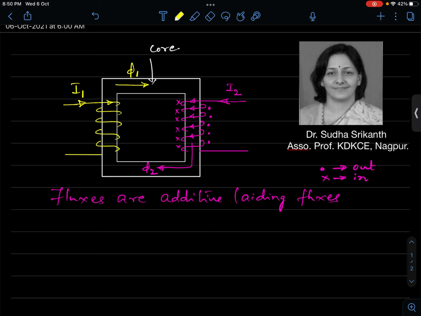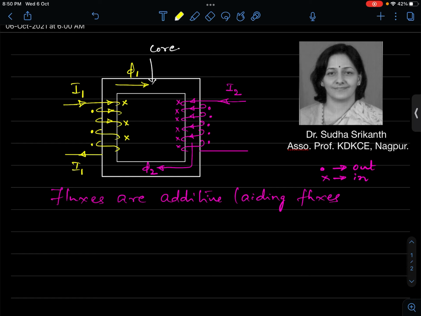So the current I1 here is flowing this way. That means it is getting in here, coming out here, getting in here, coming out here, getting in here, coming out here, and finally leaving the winding here. All right, so phi1 and phi2, as we can see in these figures, aid each other.